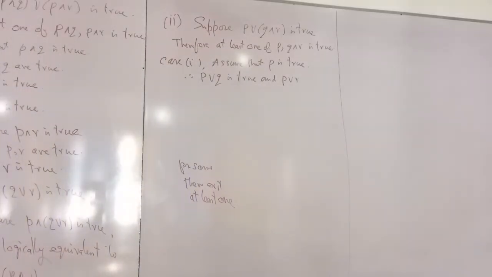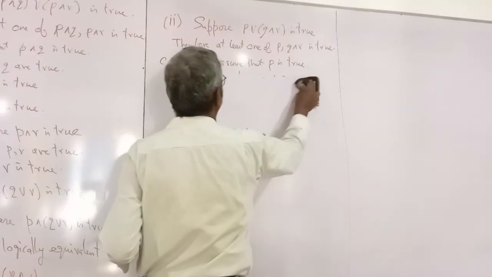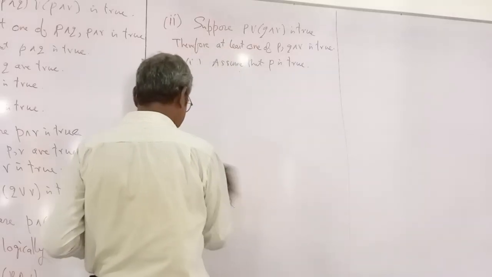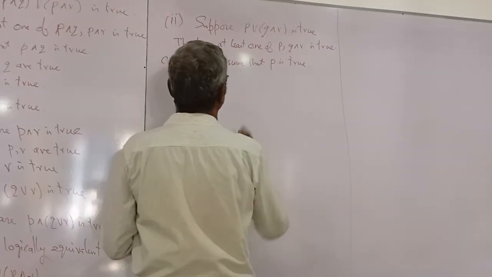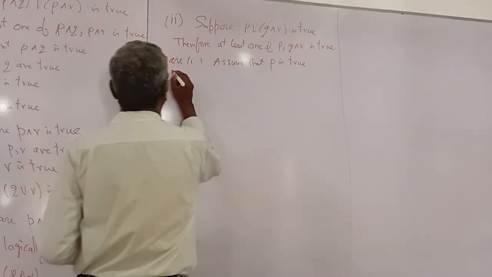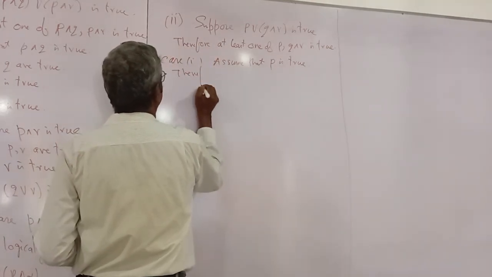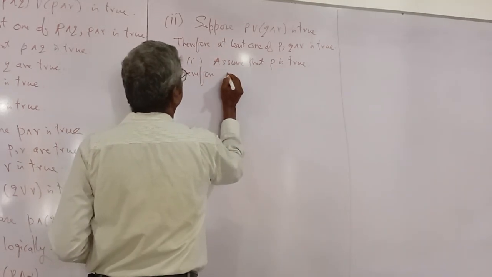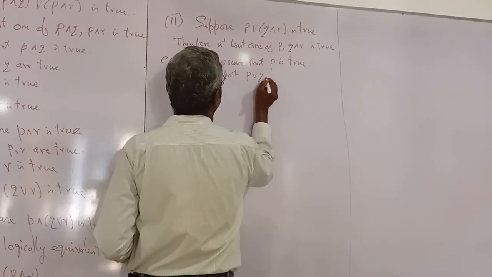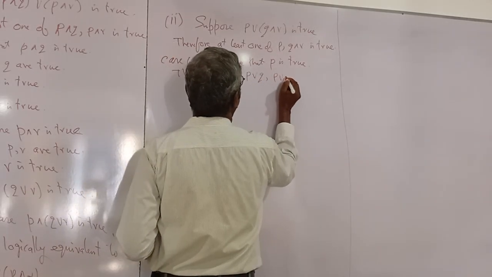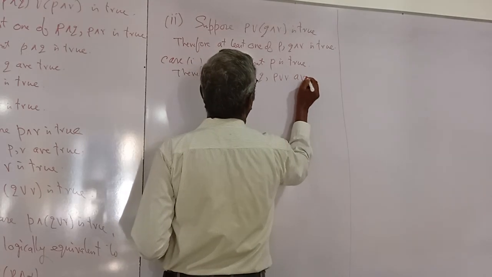Because you have to get to the analysis language. What you said is correct. I didn't say it. So therefore both P or Q, comma P or R are true.